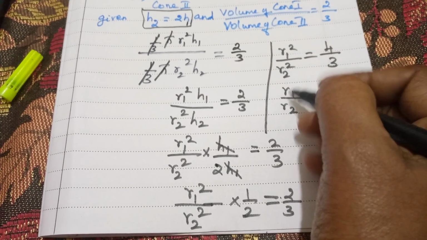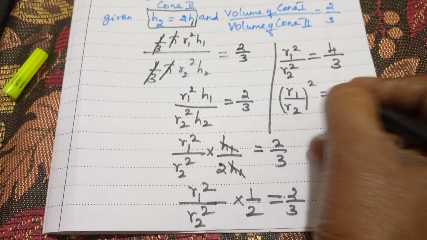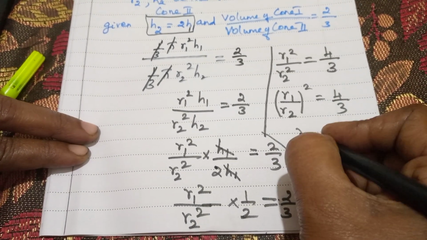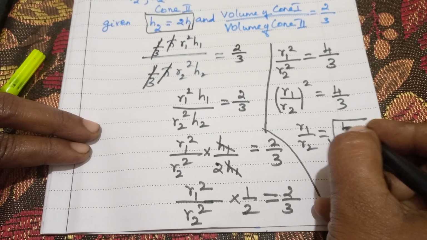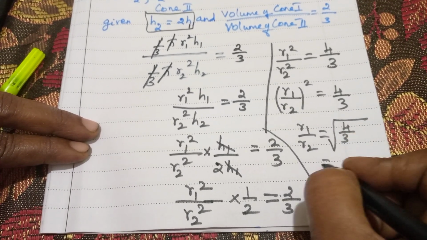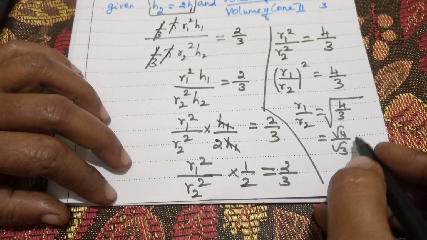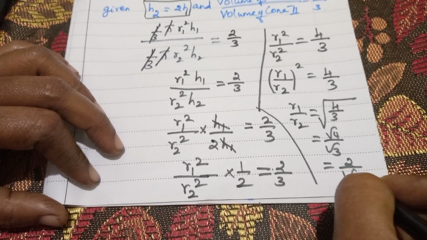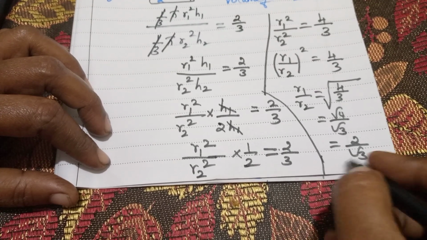So let us take the square commonly, r1 by r2 whole square equal to 4 by 3. From here r1 by r2 equal to square root of 4 by 3, which can be written as square root of 4 by square root of 3. Square root of 4 is 2. So 2 by root 3. Therefore r1 by r2 is equal to 2 by root 3.